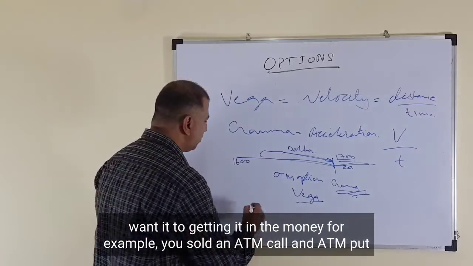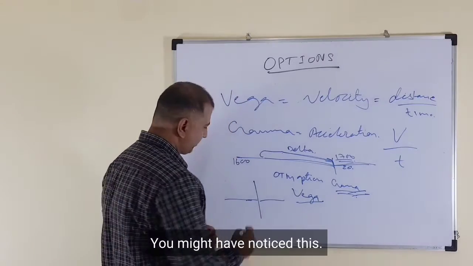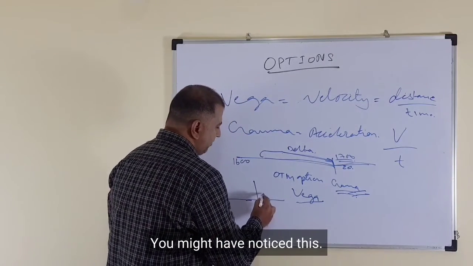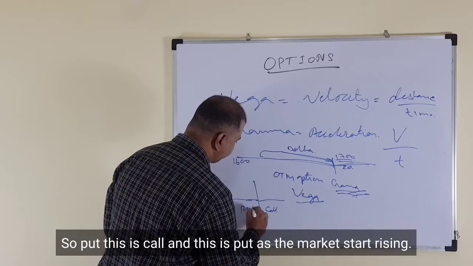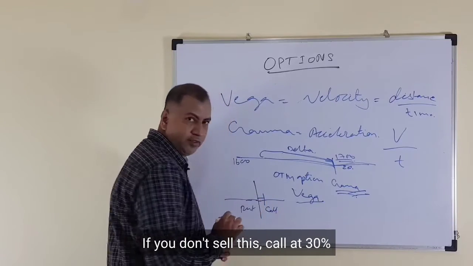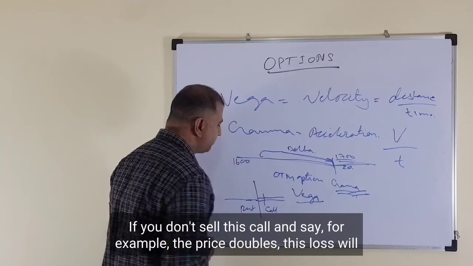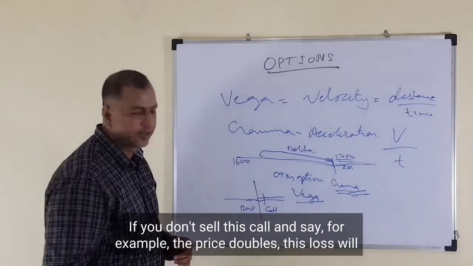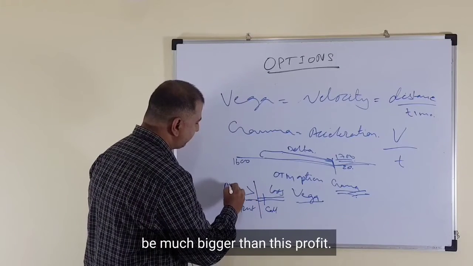For example, you sold an ATM call and an ATM put. You might have noticed this. Suppose this is the call and this is the put. As the market starts rising, if you don't exit this call at 30%, and say for example the price doubles, this loss will be much bigger than this profit.